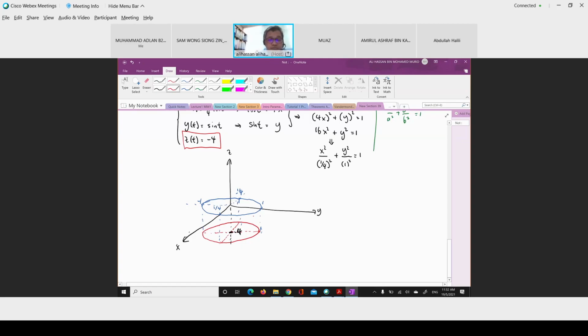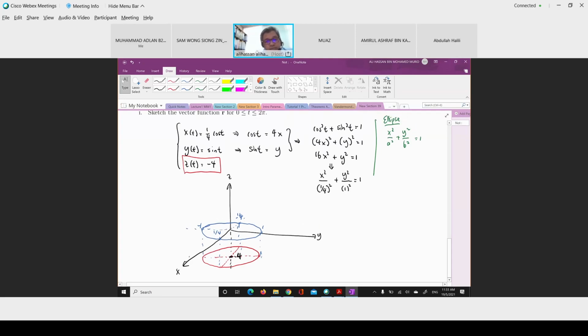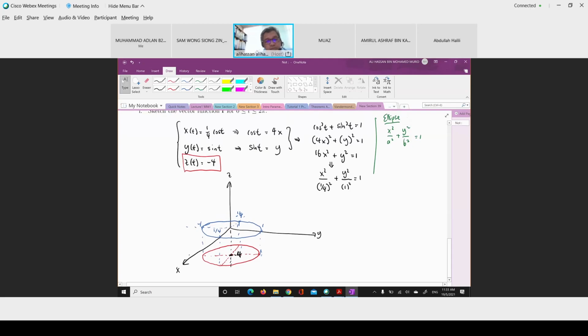Okay. Now we need also to indicate the direction of the ellipse. Is it clockwise or counterclockwise from above? When t is 0, where is that point?